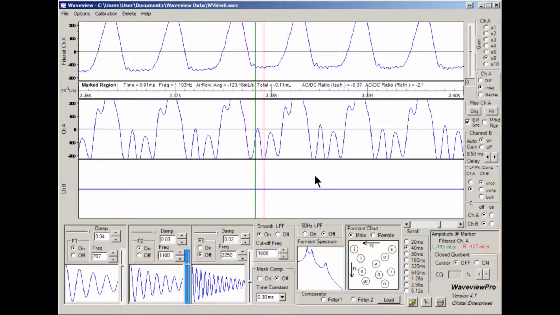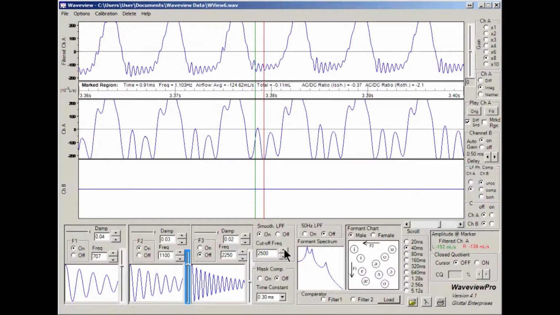Now I'll turn up the low-pass filter, because that's decreasing the amplitude of the third formant, and I'll set this up to say 2200 hertz, or 2400 hertz, which is above the third formant. Maybe 2500 hertz.